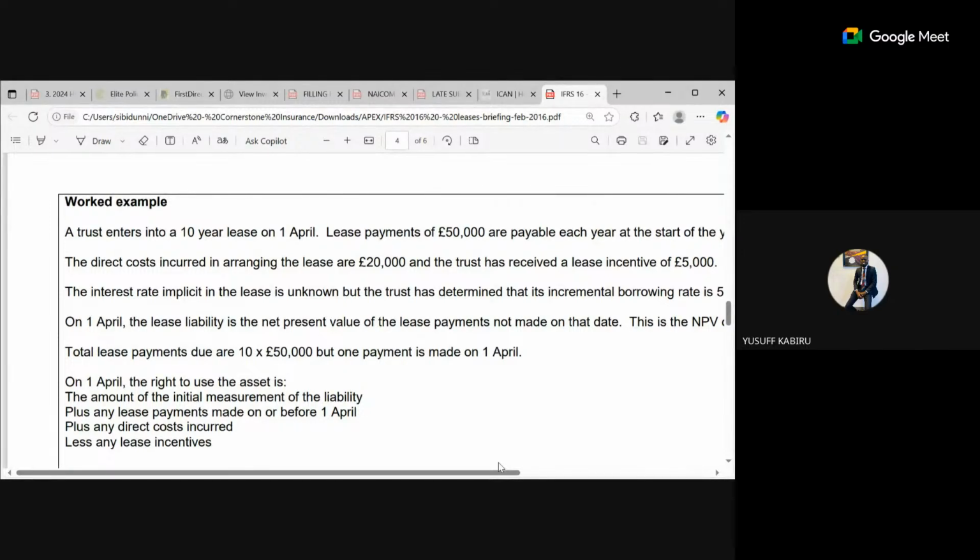So let's go through this together. Total lease payment due are 10-year lease, so 10 times 50,000. But one payment is made on 1 April. This is the case where the payment is made in advance. Most types of lease are usually a payment made in arrears.